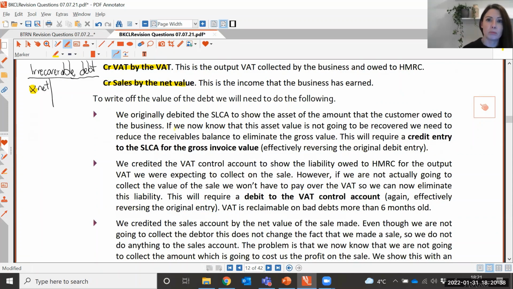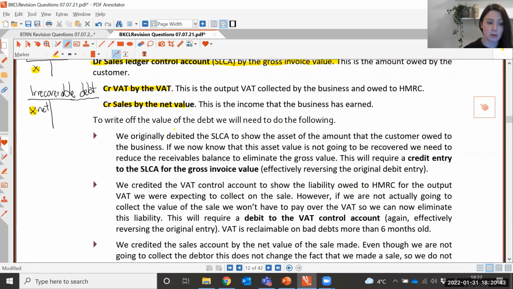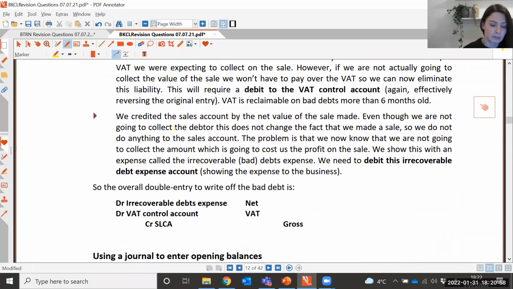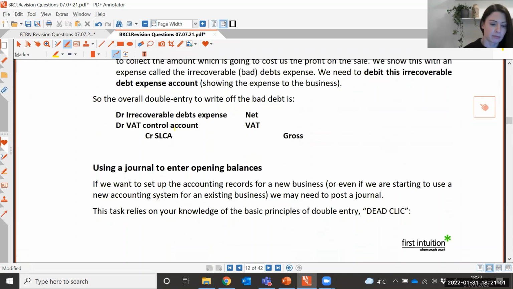But then when we need to write off that account, we need to do the opposite to remove it. So we would credit the sales ledger control account, debit the VAT to reduce that liability, and then we would also debit the irrecoverable debt expense account. So we debit the irrecoverable debt expense account with a net value, debit the VAT control account, and credit the sales ledger control account with a gross value.